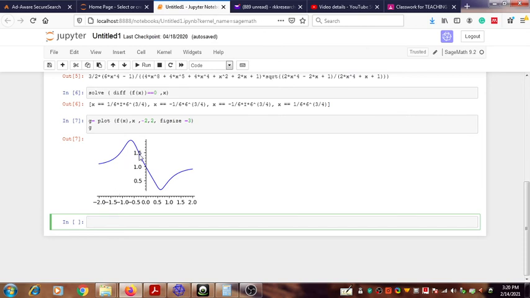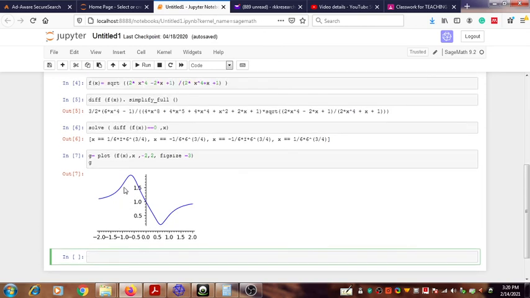It's a continuous curve, and when we analyze its physical nature, you can see it starts at some point and increases its value until it reaches a maximum.